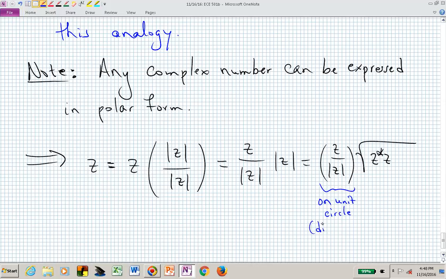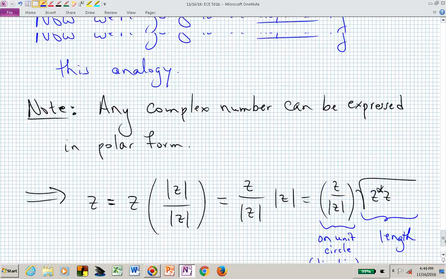And that's now going to give us a direction. And the right side piece is like the length of that vector. So we can turn this vector based on z divided by its magnitude or absolute value, and we can make that vector the correct length by scaling it by the square root of z star z.